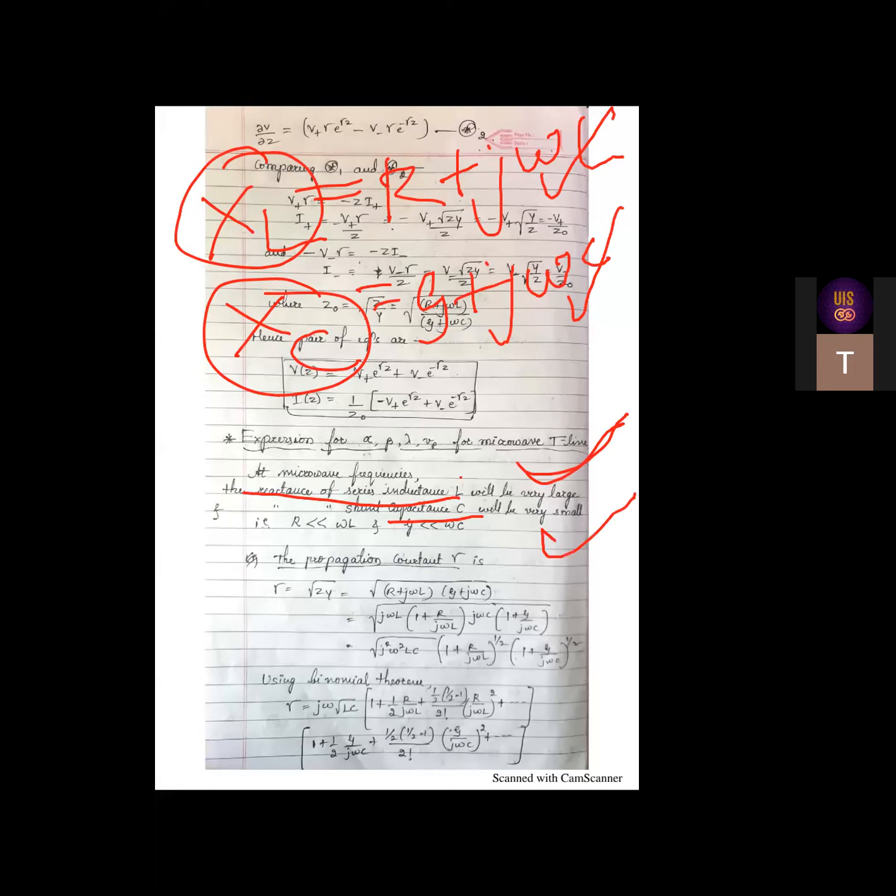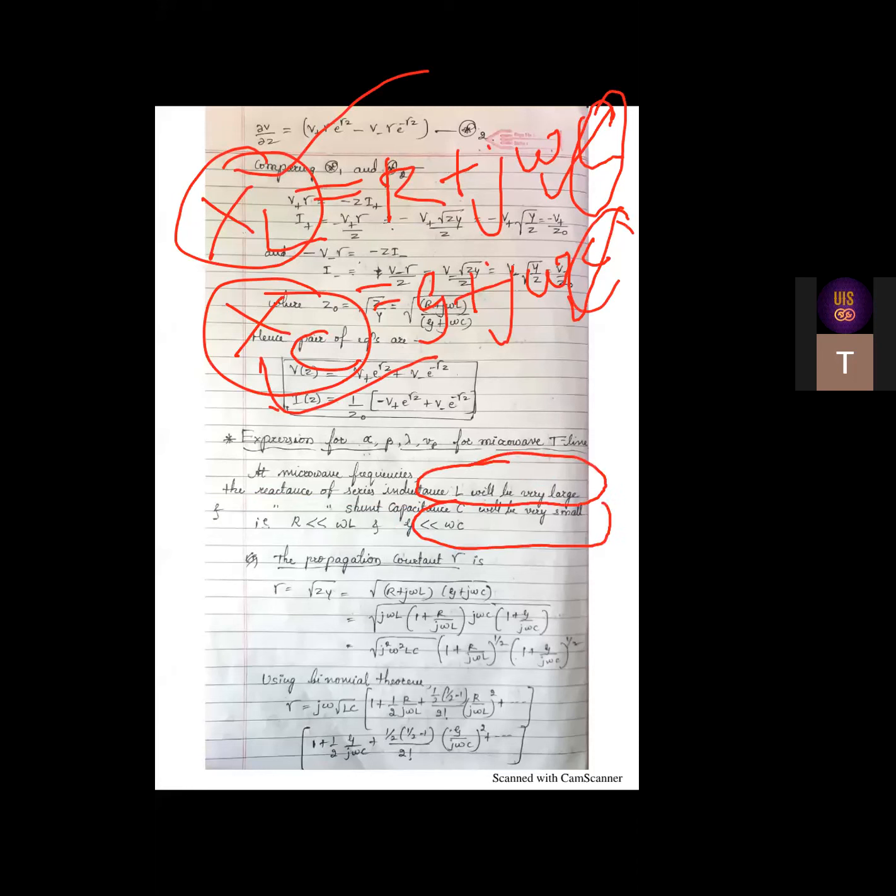This is a very important observation which is made at microwave frequencies. What is the observation? At microwave frequencies, in the reactances XL and XC, the L and C values, inductance and capacitance, the inductance value is very large and the capacitance value is very small.